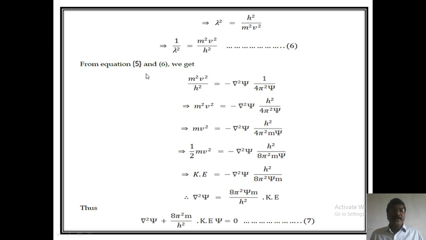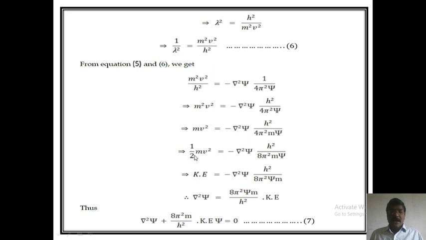From equation 5 and 6, we get m square v square by h square is equal to minus del square psi into 1 by 4 pi square psi. That implies m square v square is equal to minus del square psi into h square by 4 pi square psi. That implies m v square is equal to minus del square psi into h square by 4 pi square m psi.